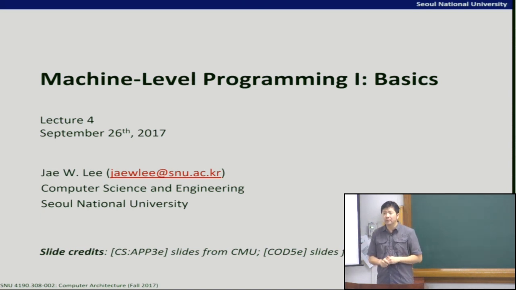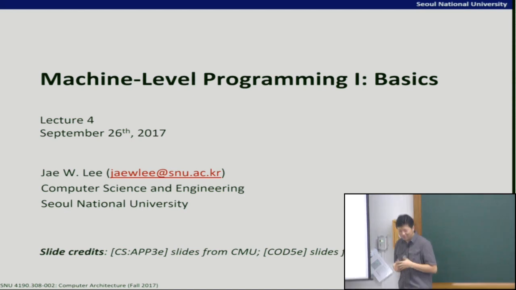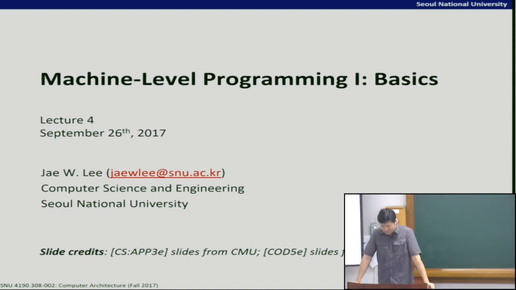Over this chapter 3. By the way, lab 2, homework number 2, will be out right after Chuseok. So we decided to give it out after Chuseok rather than before, to not mess up your holiday. Yeah.